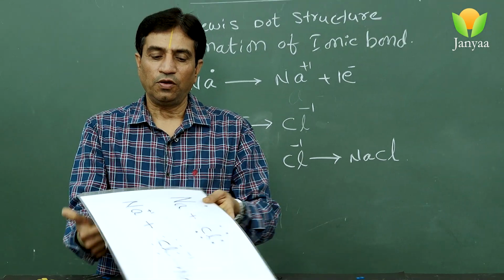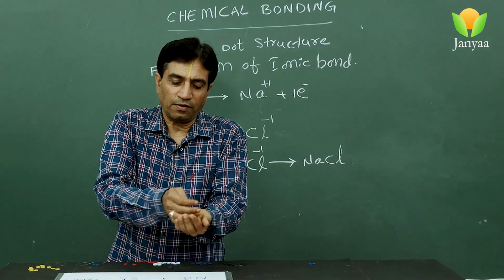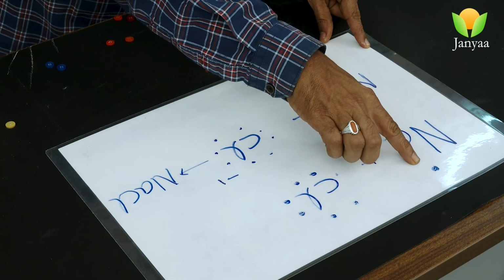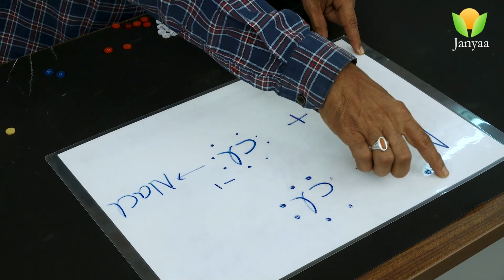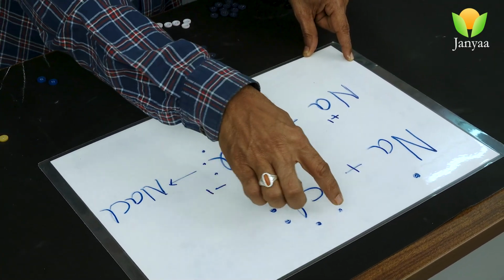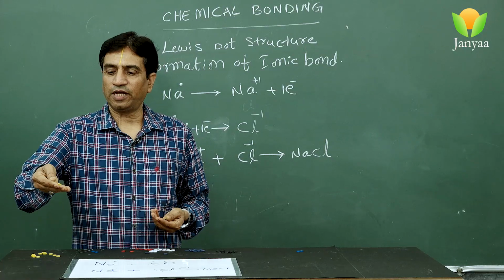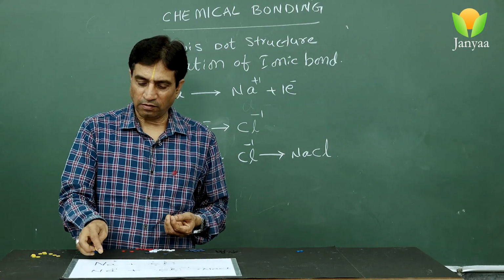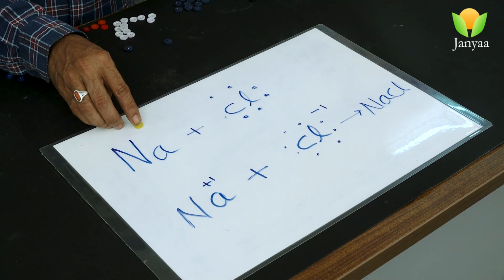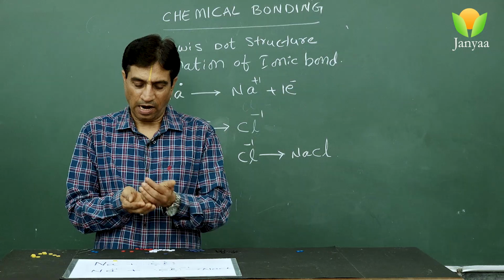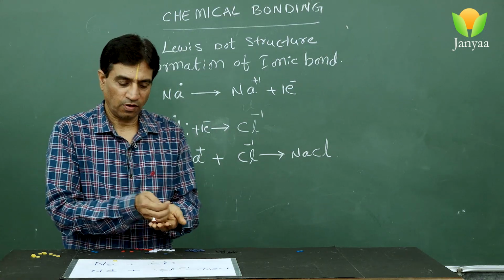You see here, in sodium one electron is present, and in chlorine seven electrons are present in the outermost orbital. I am using yellow buttons to represent the one outermost electron of sodium and the other seven electrons of chlorine.